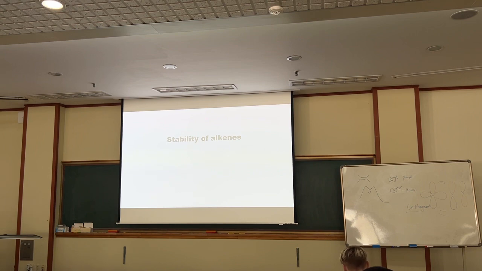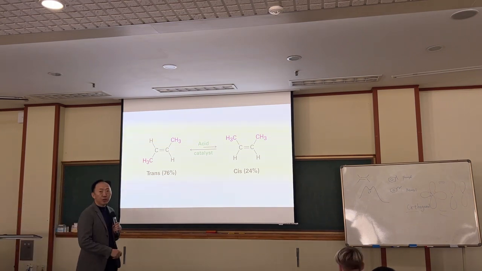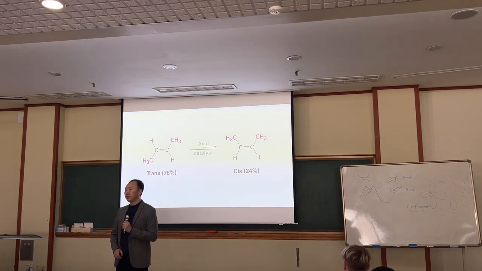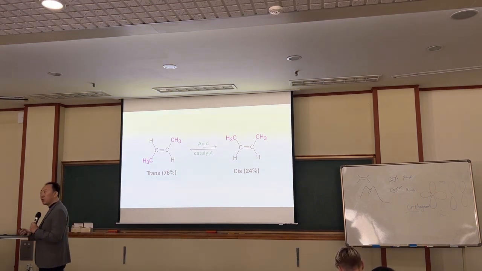Now property. Double bond. Now, if you put acid catalyst in between, interestingly, those cis and trans systems are converting to each other. They are in equilibrium. Mechanism, we'll see later, but anyway, they are in equilibrium. And which one is more stable?